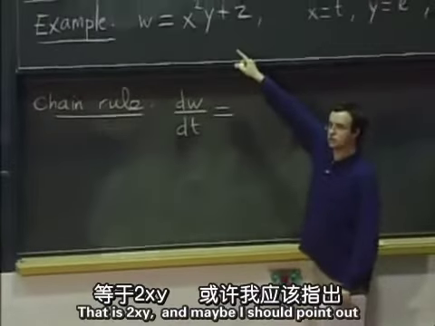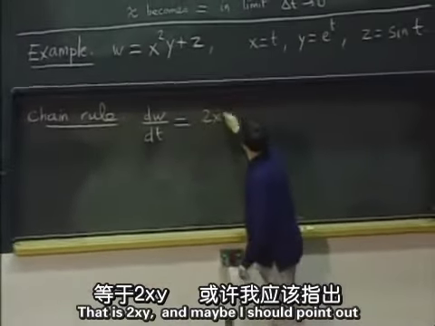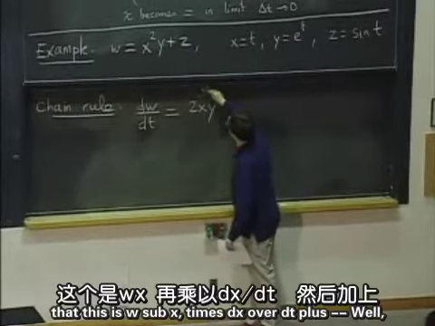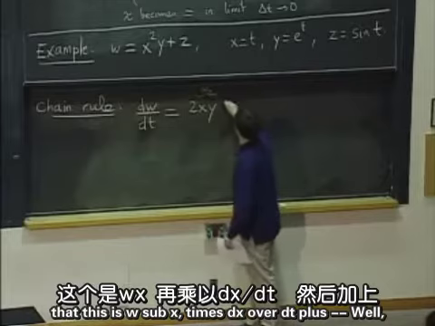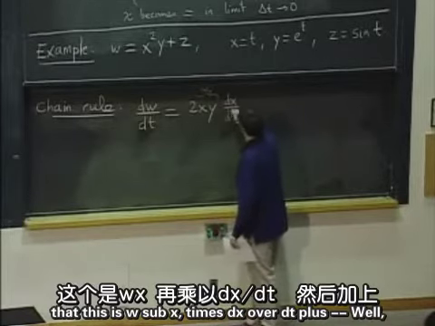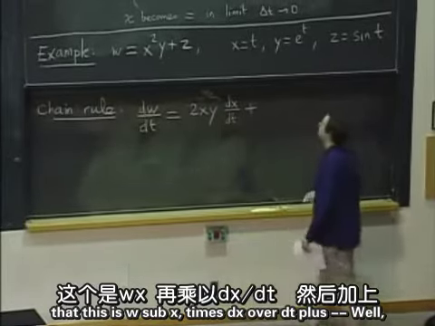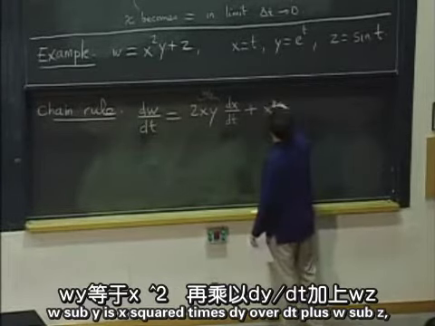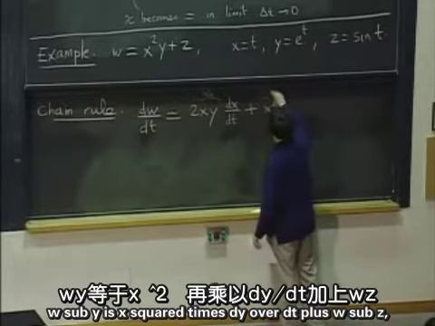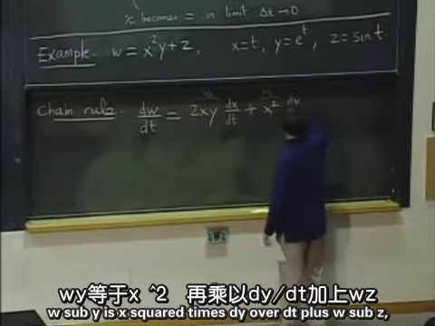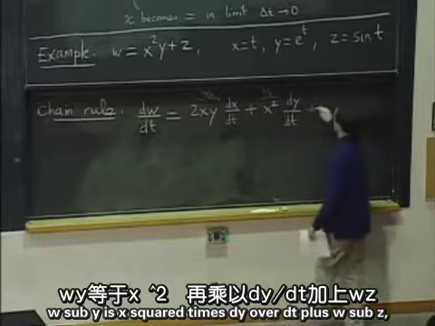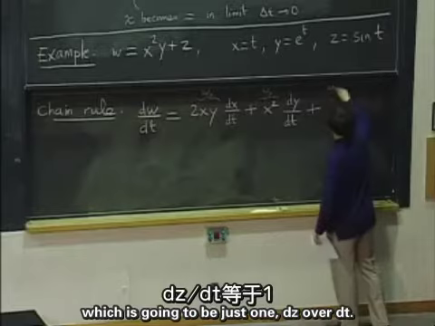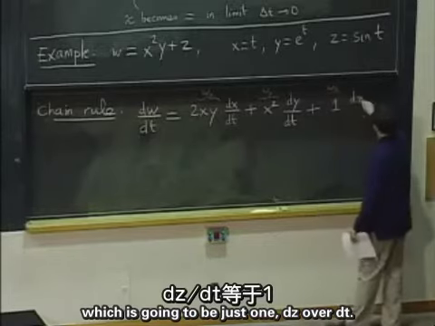That's 2xy, and maybe I should point out this is w sub x, times dx dt, plus, well, w sub y is x squared times dy dt, plus w sub z, that's going to be just 1, times dz dt.